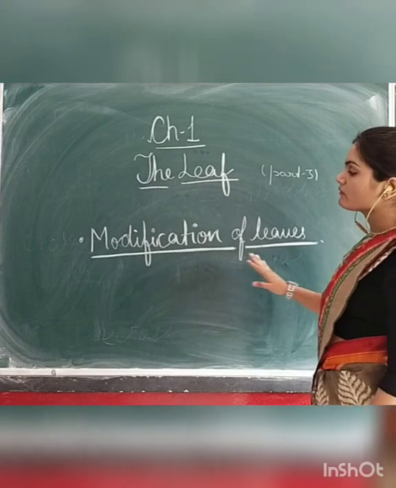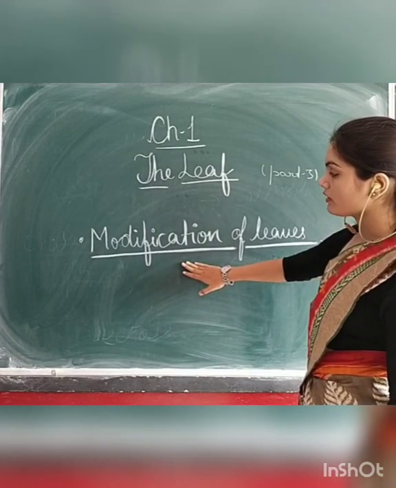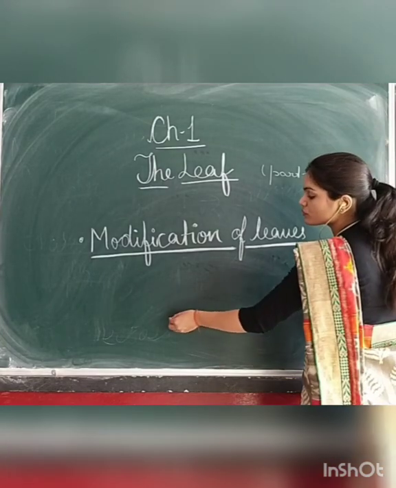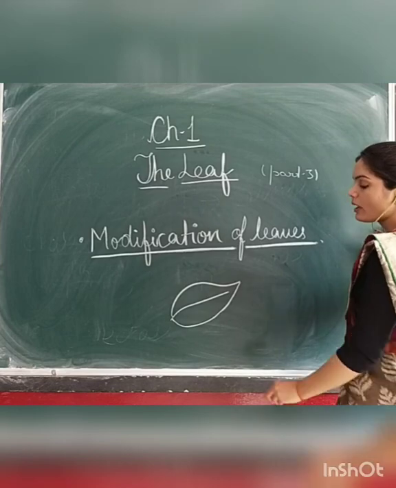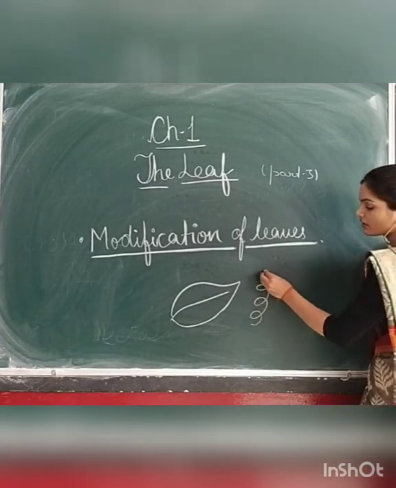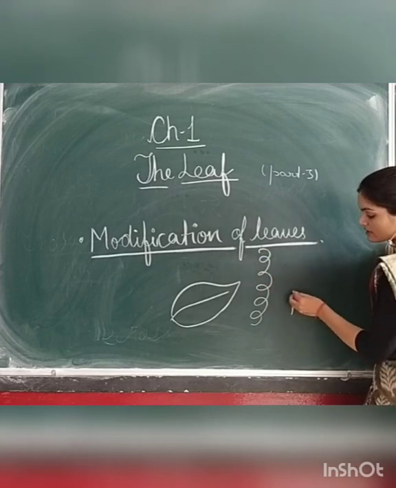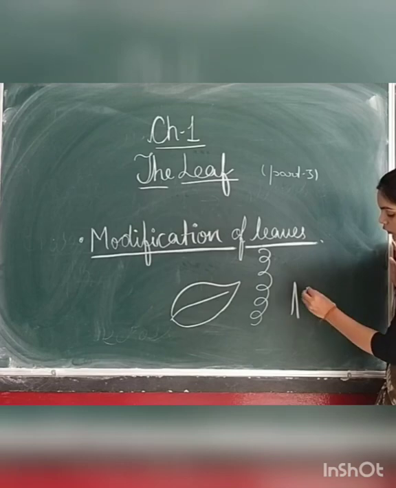Firstly we have to know the meaning of modification. Basically we know the structure of a leaf, but sometimes we can see leaves in a tendril form, in a spine form and also in a scaly form.